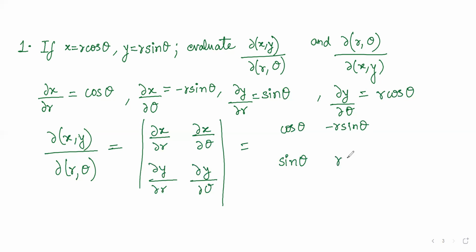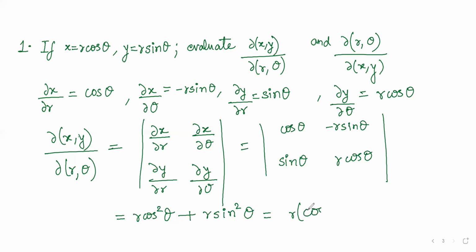r cos theta. If we solve this determinant, we get r cos square theta plus, minus times minus becomes plus, r sin square theta. So r is common in both, and cos square theta plus sin square theta is 1. So we get this Jacobian of (x, y) with respect to (r, theta) equal to r.